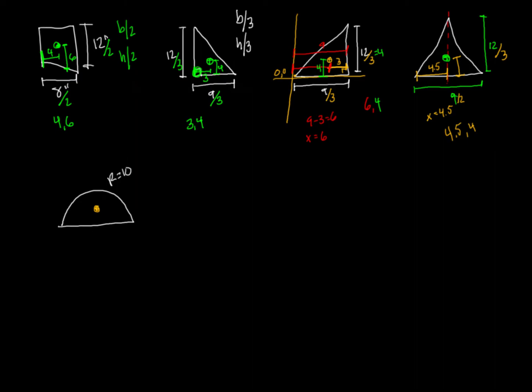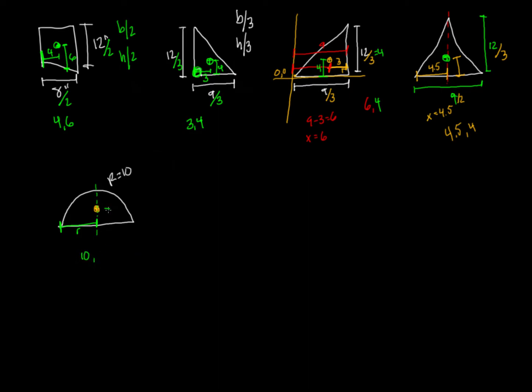I think most of you probably understand that from here to here, there's a line of symmetry, so we're going to divide by 2, or we're just going to take the radius of the semicircle. Well, that's our x direction, so our radius is our x coordinate. So 10, that's our x.